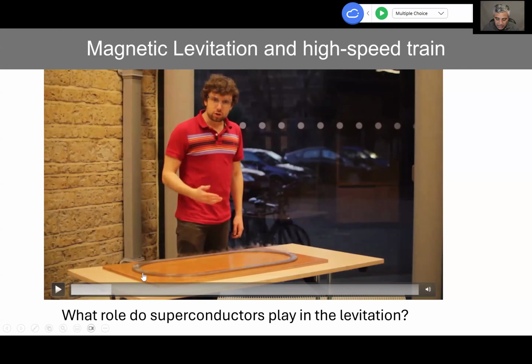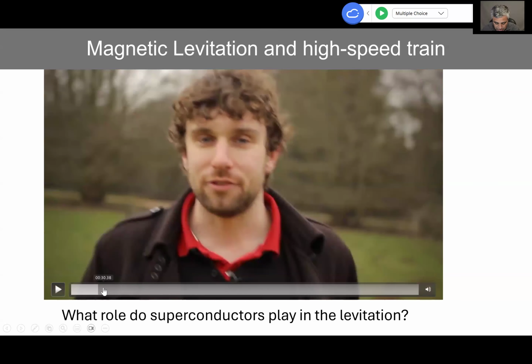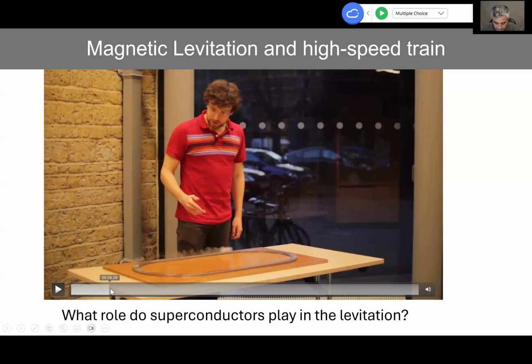So here you see there is a track. That track is made up of magnets. And here, it's hard to see, but let's see if he shows that thingy. Yeah, you see that it's very cold. You see the smoke coming out. It's not hot, but it is actually cold.